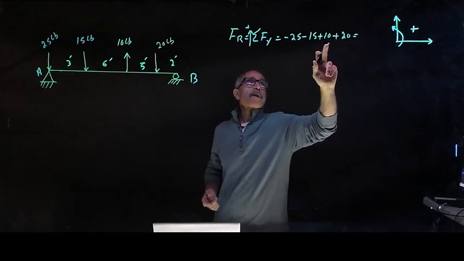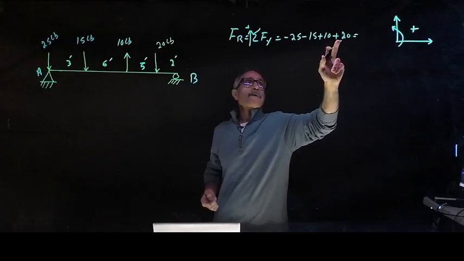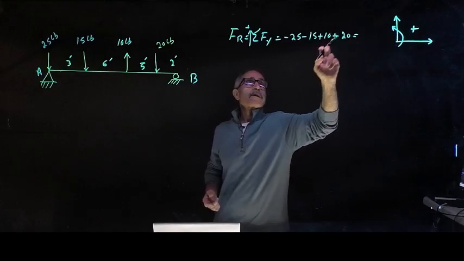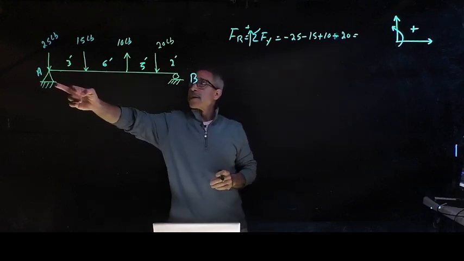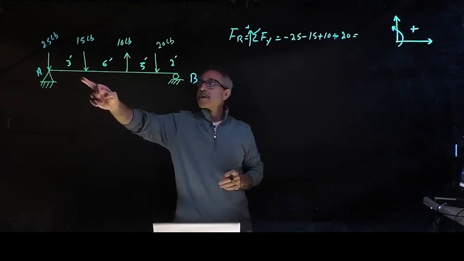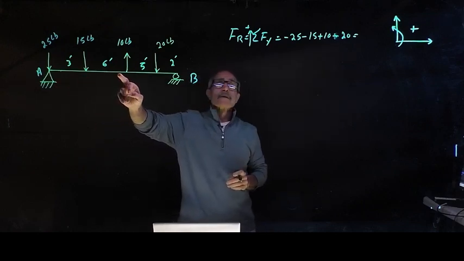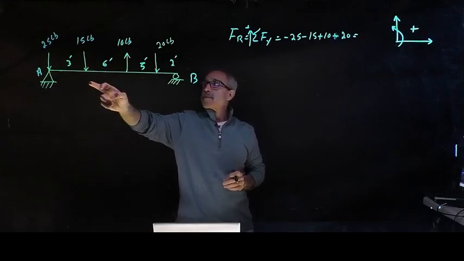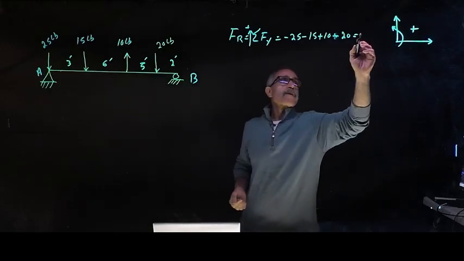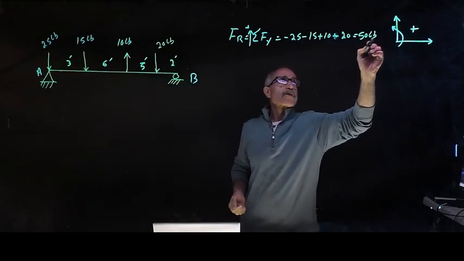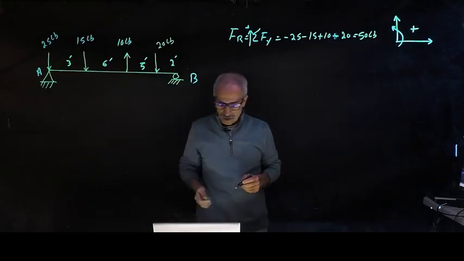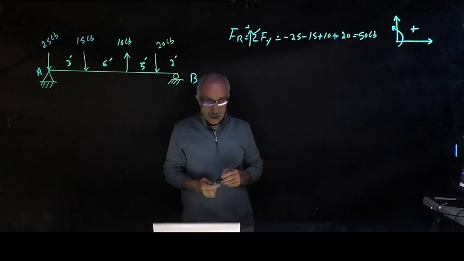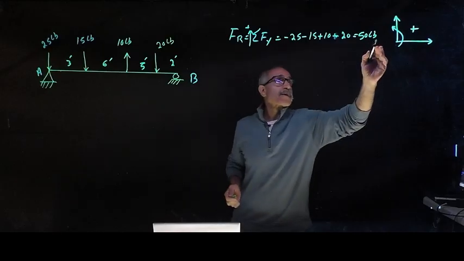So that makes it, no, this is minus 20. Okay, let me see if I got that right. Minus 25, minus 15, plus 10, minus 20. So that becomes 10, 25, 50. So I get a 50 pound resultant force. Okay, fine. And that's down basically, or minus 50.